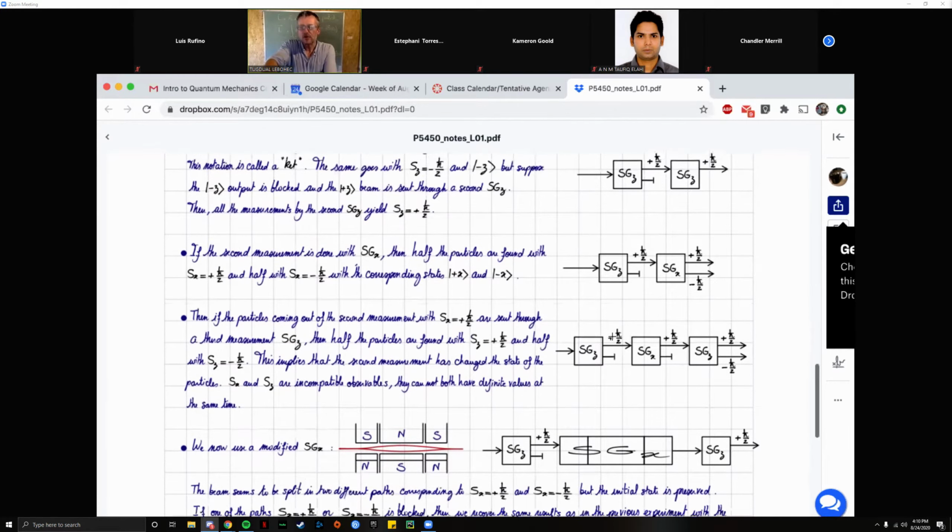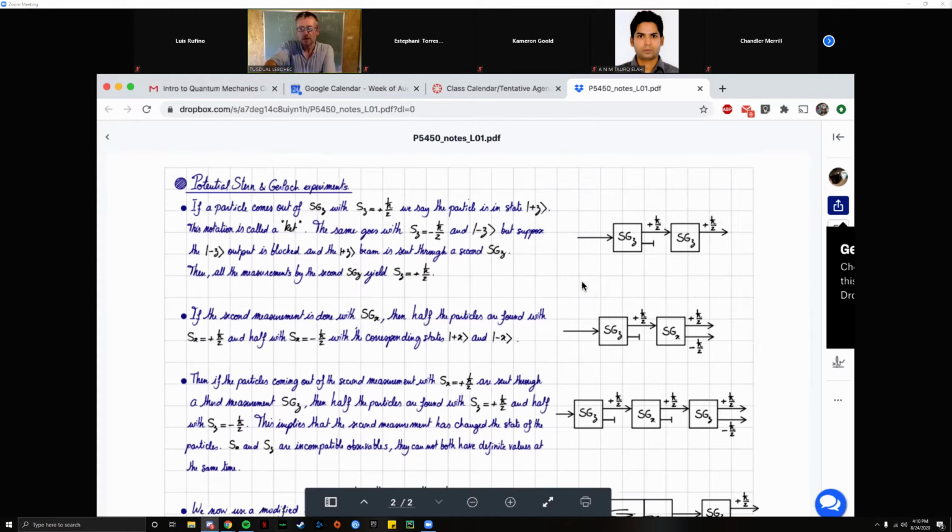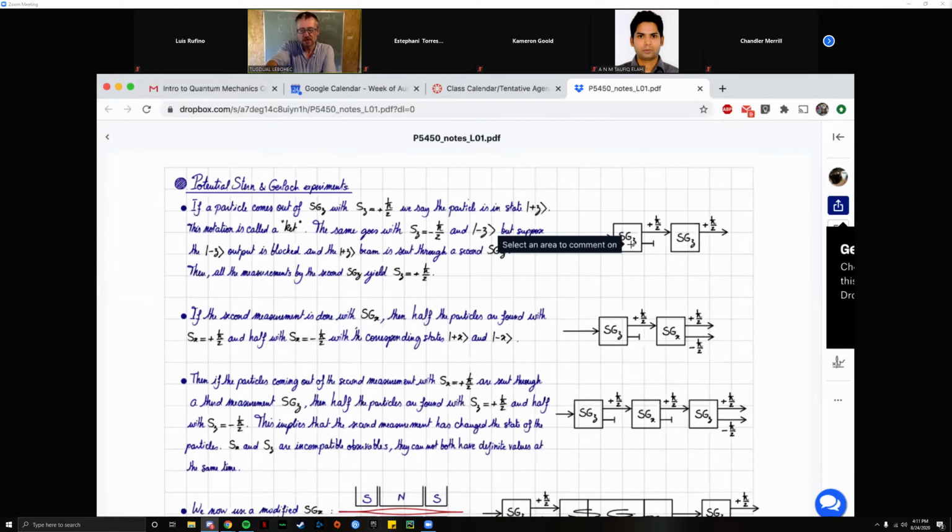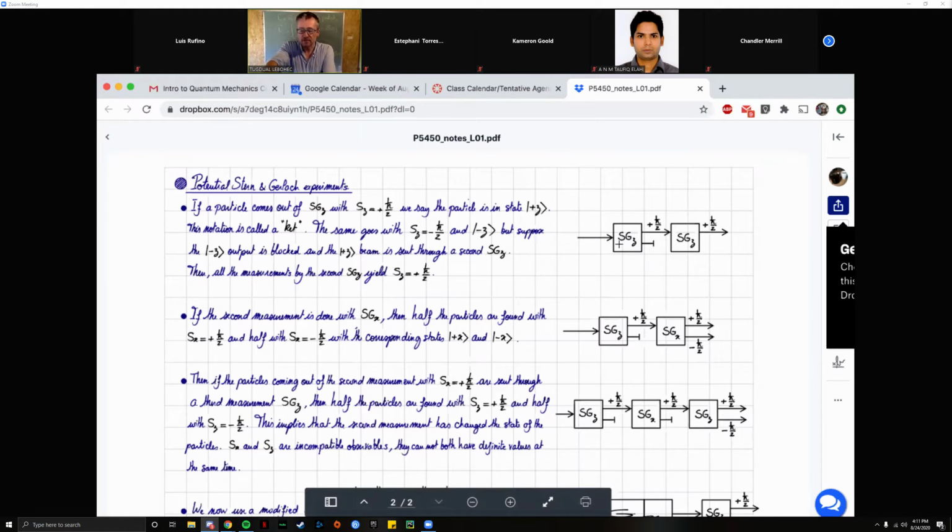Before moving on, let me give an example with which maybe you are familiar even experimentally. I'm thinking about optical polarizers. You know that light, being a transverse wave, can be polarized, linearly polarized. So you could think of the Stern-Gerlach device being replaced by a polarizing filter.